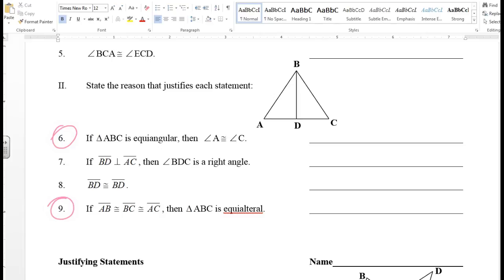All right, so we're skipping 6 and 9. Alejandro, what do you think number 7 is? If BD is perpendicular to AC, then angle BDC is a right angle. The answer is in the question. Do you see one that talks about perpendicular on your choices?